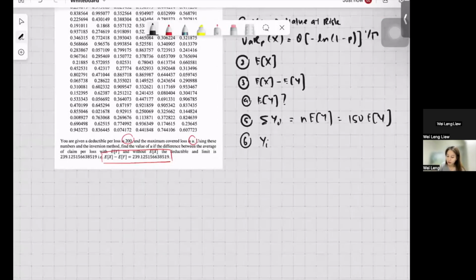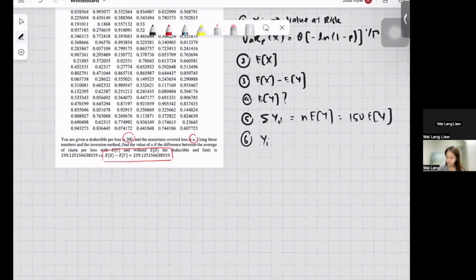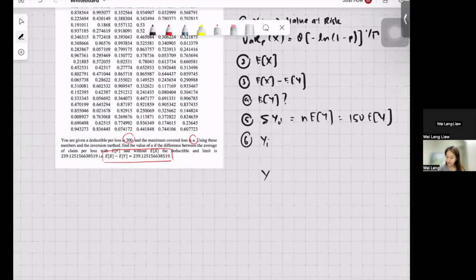Before using goal seek, YI is based on three constraints.